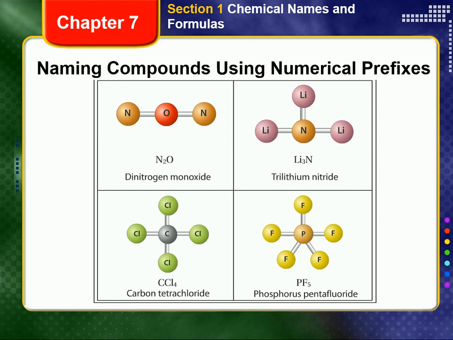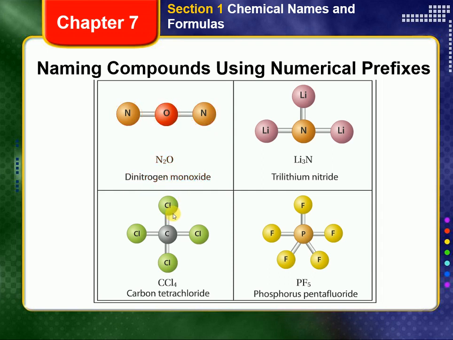In the prefix system, we say how many are present. So for dinitrogen monoxide, we see that there are 2 nitrogens, dinitrogen. There's 1 oxygen, monoxide. We don't say monooxide, we drop that first O, if the name of the anion starts with a vowel, but I'm not going to grade you down either way for that.